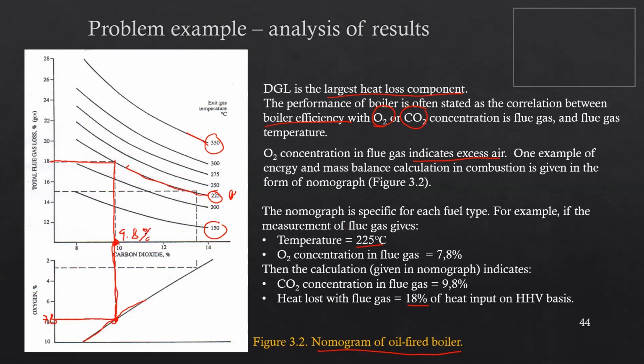At least we have to get the information of two parameters, either temperature, oxygen concentration or CO2 concentration, in order to get the heat loss with the flue gas. Okay, any questions for this type of problem?